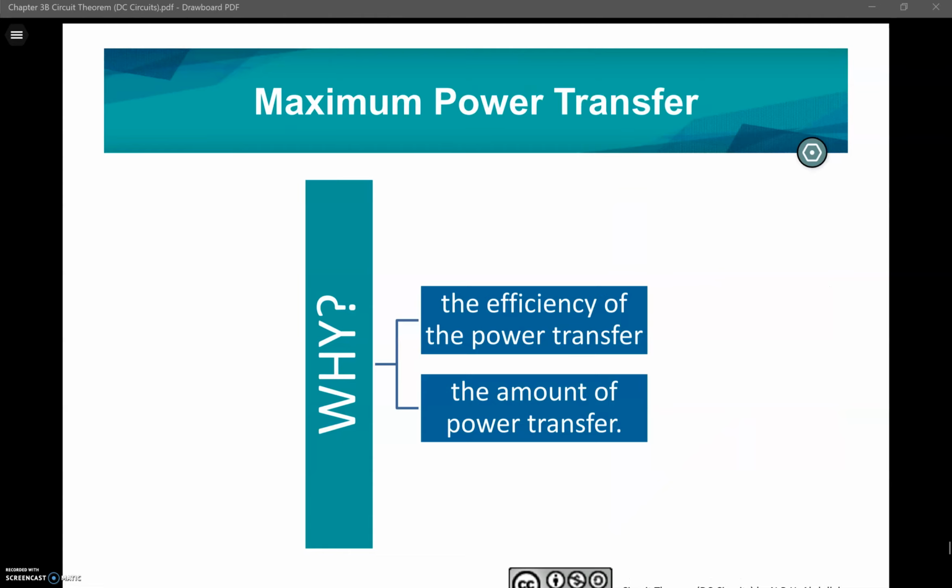So what is maximum power transfer? This maximum power transfer is used to find the efficiency of the power transfer and the amount of power transferred to the load.